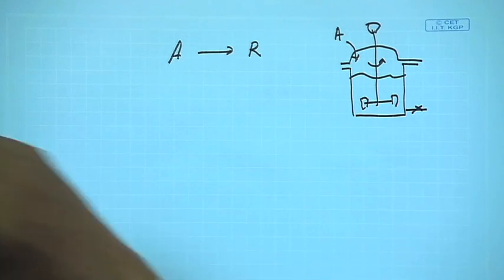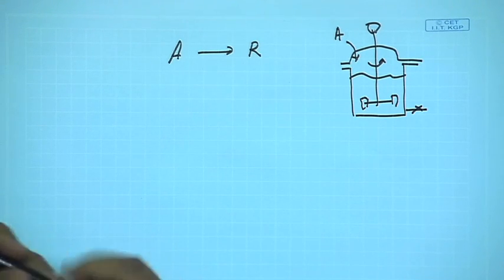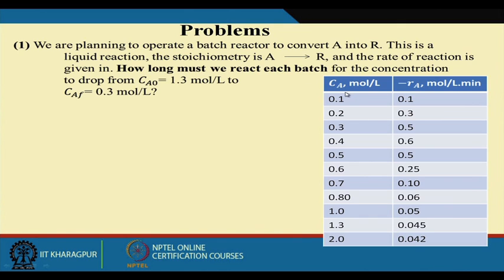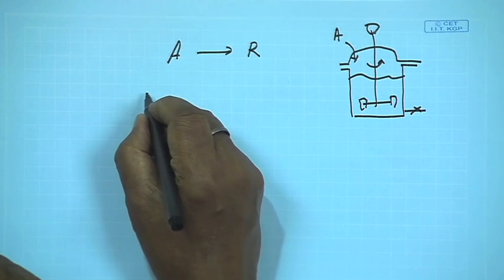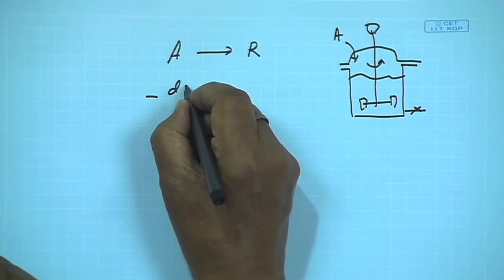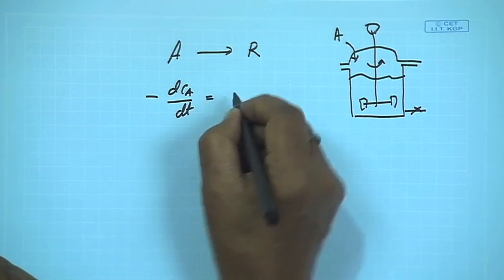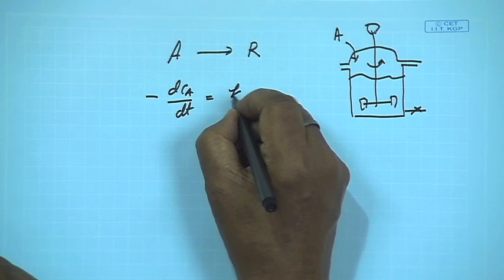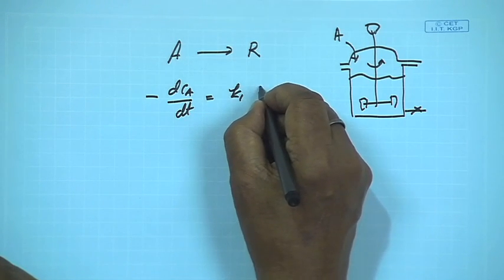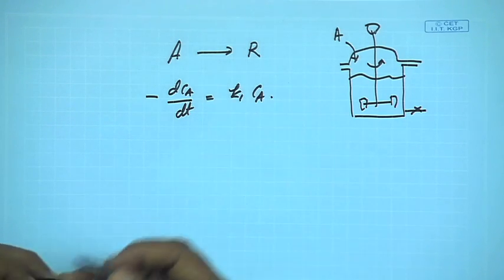Here they have determined the rate of the reaction at different substrate concentrations, because the rate of the reaction, dCA by dt, is equal to minus Ra.